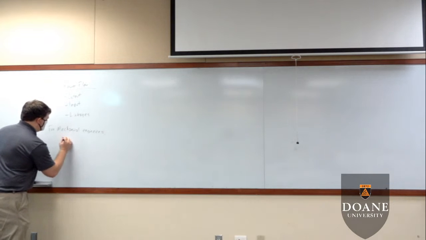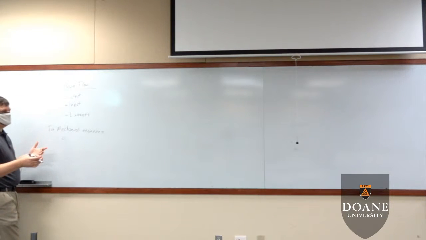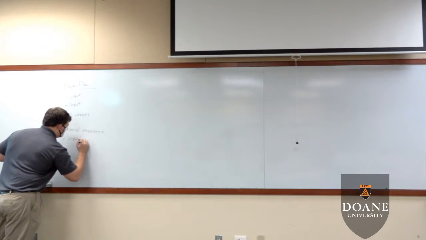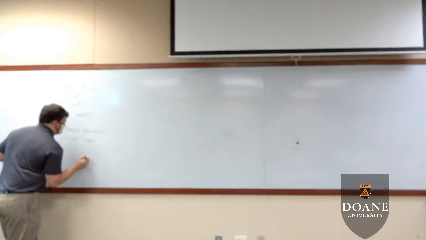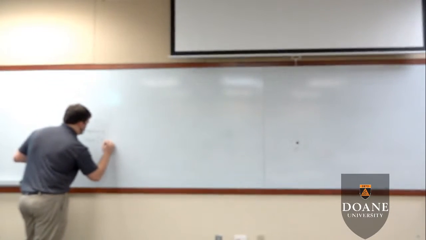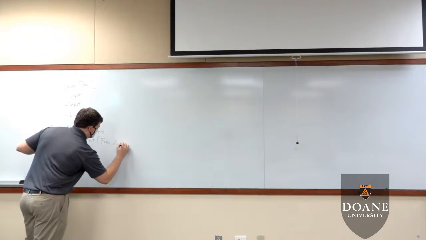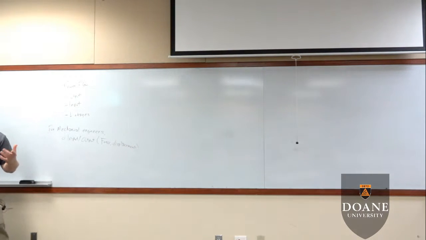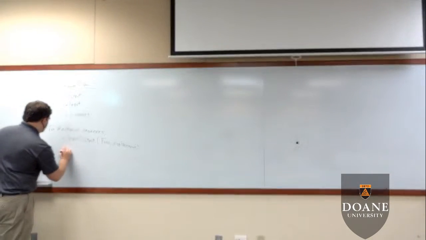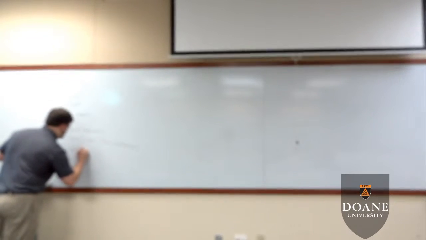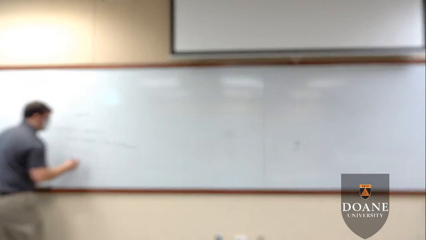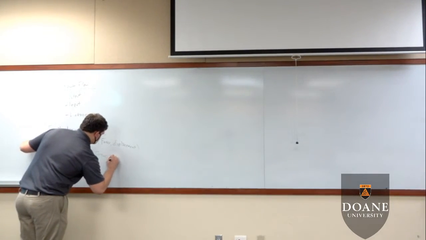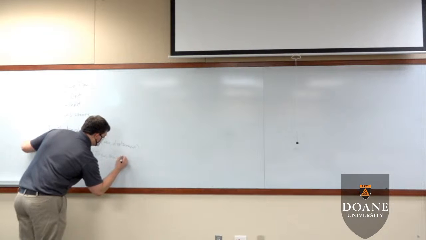One is that your input or output is a function of force and displacement, or force and velocity, because force times velocity is power. Or your input and output are a function of torque and angular displacement, or angular velocity, if you're talking about power again.